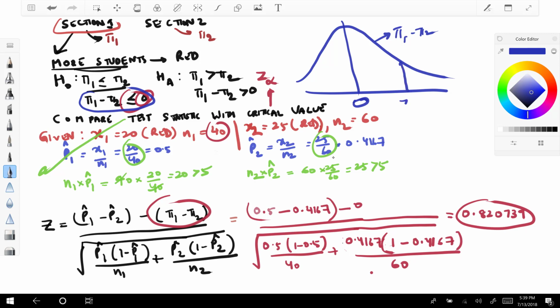So this is z alpha, and this area would be alpha. Since pi 1 minus pi 2 is less than or equal to 0, anything to the left of this point is do not reject H null, and anything to the right is reject H null.